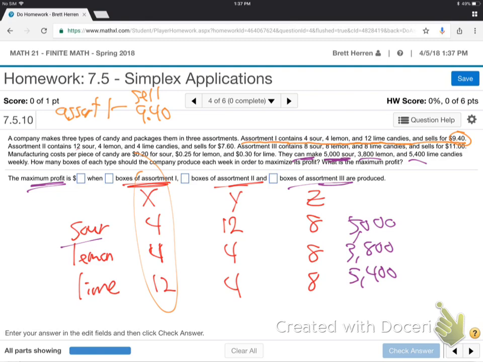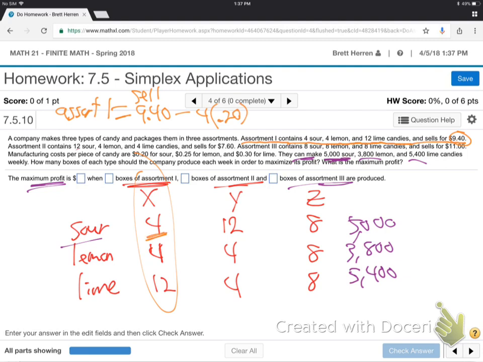20, 25, 30. So for these 4 sours, you're going to have to subtract 4 times 20. Why am I subtracting that?